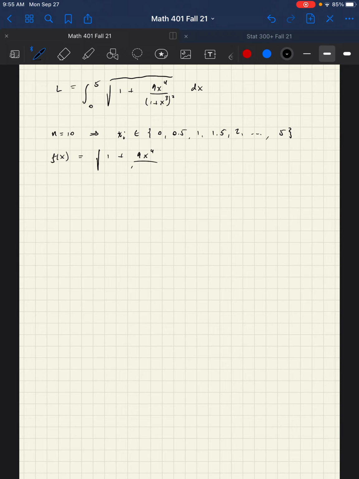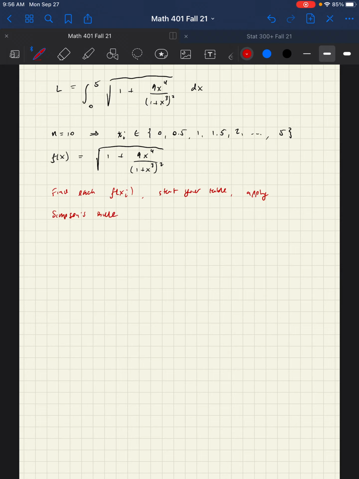You're going to find your f of x sub i's using f of x equals the square root of 1 plus 9x to the fourth over 1 plus x cubed squared. Find each of those f of x sub i values by plugging in those x sub i's.